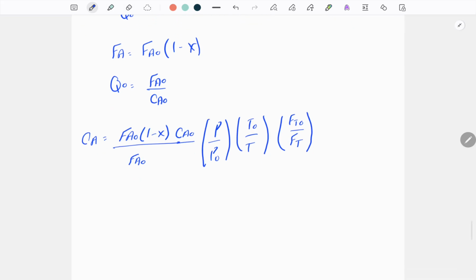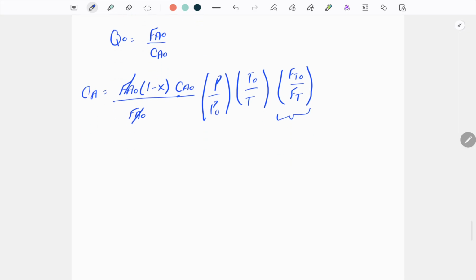These two will cancel, and we're only left with this term here that needs to be adjusted. To understand that term, we need to understand Ft. Ft equals Ft naught plus Fa naught gamma.